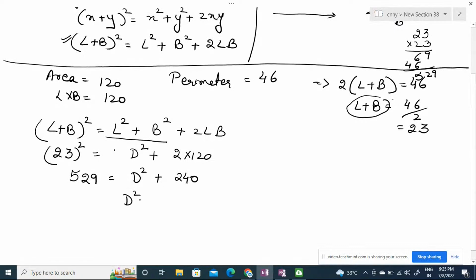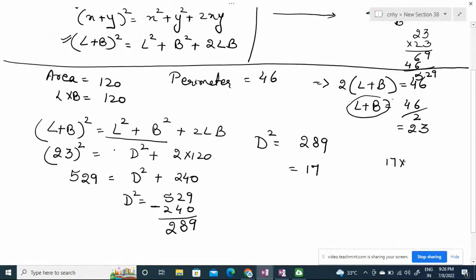The diagonal square is 529 minus 240, which is 289. So if we find the square root of 289, we get 17. That means if we multiply 17 with 17, we get 289. Clear? So that is the number we were running after for 10 minutes.